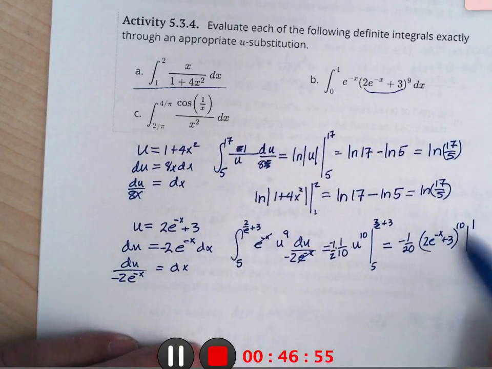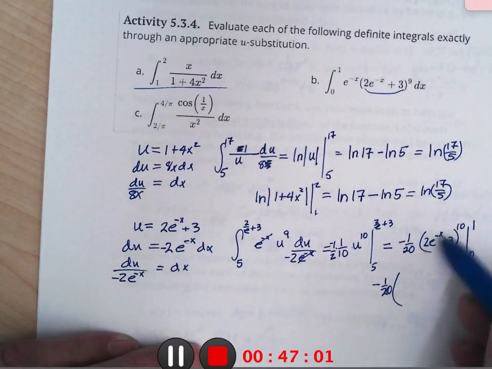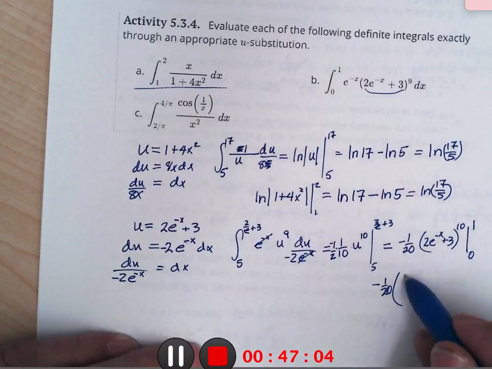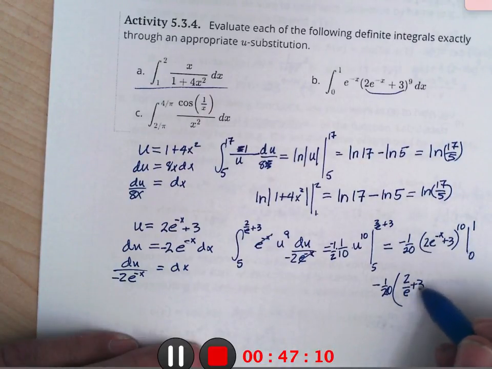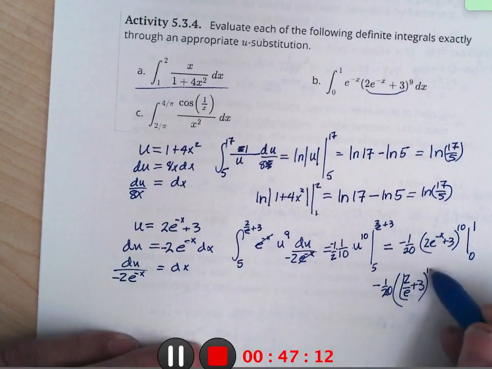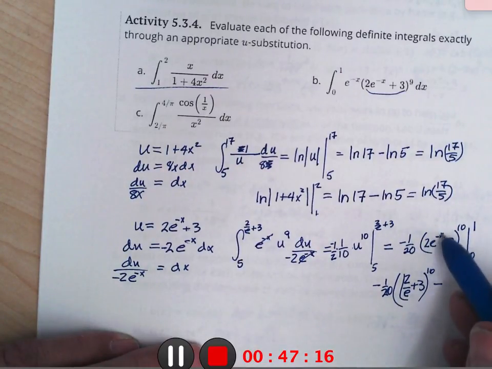I'm going to get negative 1/20 times 2e to the minus 1, which is over e, plus 3 to the 10th, minus, put in 0, e to the 0 is 1, times 2 is 2, plus 3 is 5.